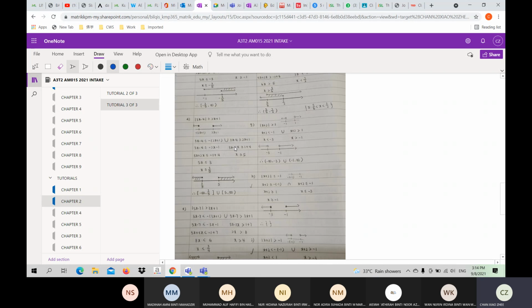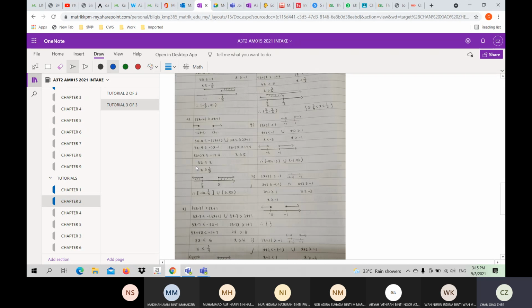The other one, 3x minus 2x will be greater than or equals to 1 plus 4. Positive x move to left hand side akan jadi negative 2x. So for this equation 5x, after we solve it, 5x will smaller than or equals to 3, x smaller than or equals to 3 over 5. For the other one, x greater than or equals to 5.